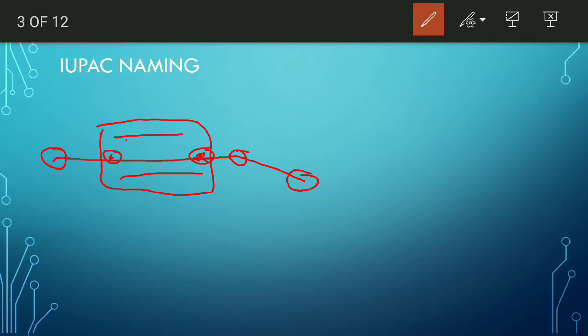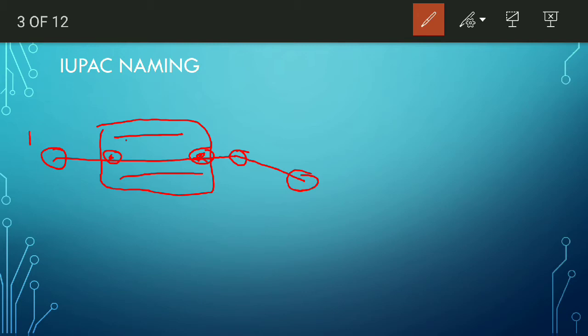Now tell me, from where would you choose to do the numbering? In the previous lecture I told you that the double bond and triple bond should be given higher priority over locants. Here we don't have any locant, so if we go from left to right, the triple bond would get the lowest number.